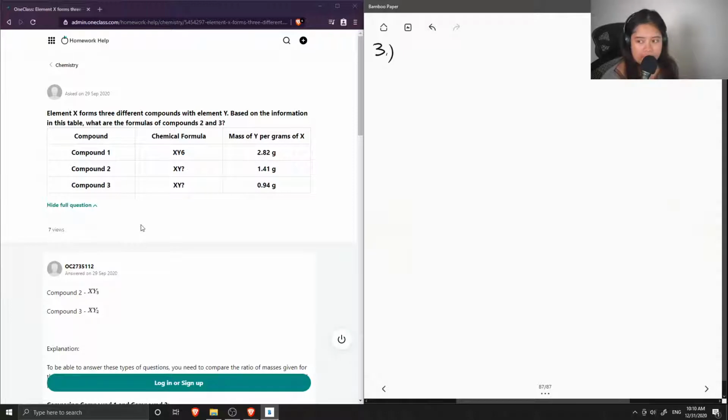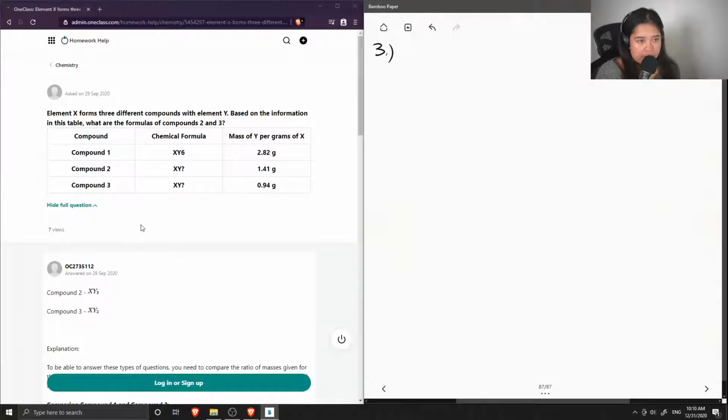And X and Y are just unknown elements, but basically they have different chemical formulas. And we're trying to figure out how many Y atoms are in compound 2 and in compound 3. They also give the mass of Y per grams of X.